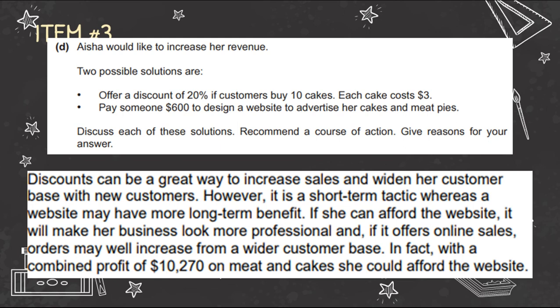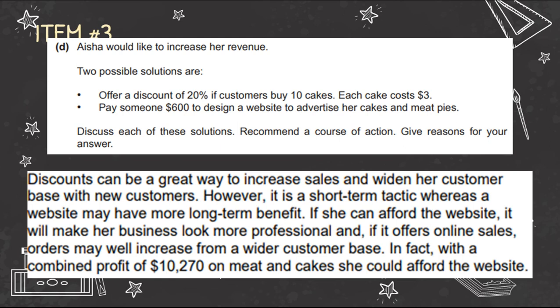It's either A, offer a discount of 20% if customers buy 10 cakes. Each cake costs $3. So if you're going to think about it, one cake is $3. So 10 times 3 equals 30. And what is the 20% discount?